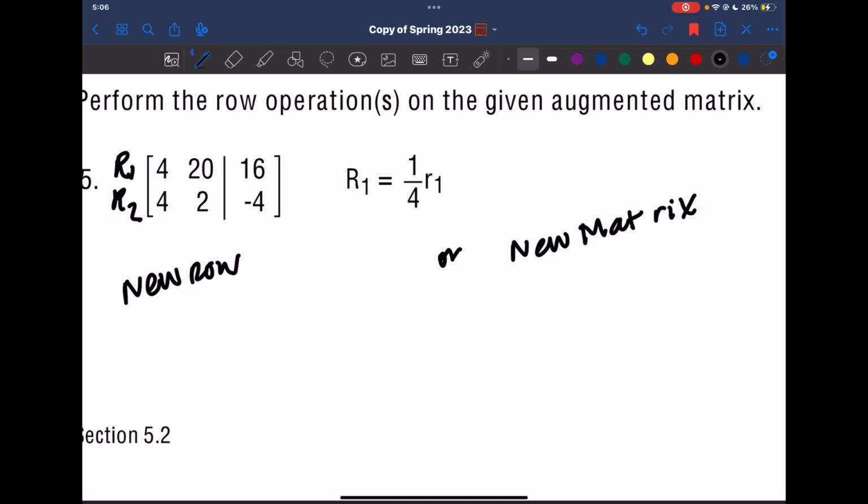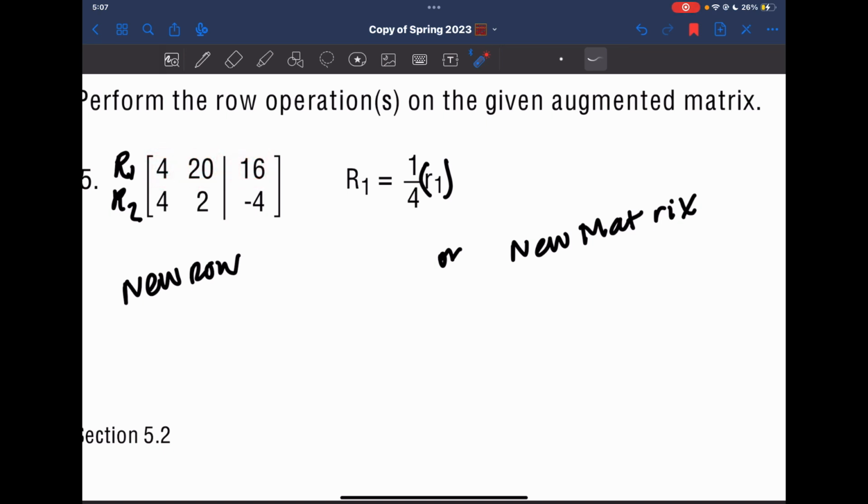So this says that we're going to take this 1/4 and multiply it by R1. So it's going to be 1/4 times R1. Each of these elements is going to be multiplied by 1/4 individually.